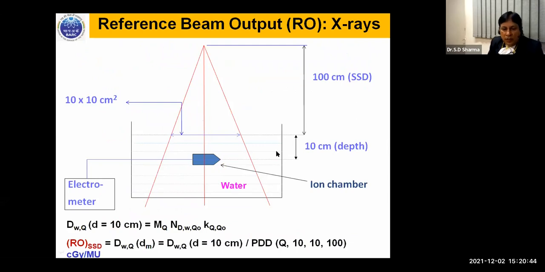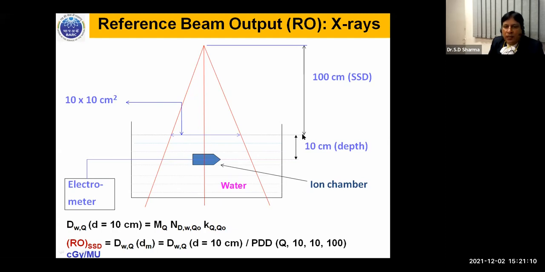Now, just an overview of the reference output. You can see this is an SSD type of setup for output measurement as per the IAEA TRS 398 protocol. Here is a water tank filled with water. This is a cylindrical ionization chamber of typical volume 0.6 cc. Then we have an electrometer.